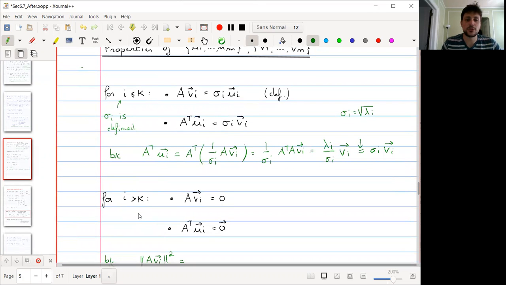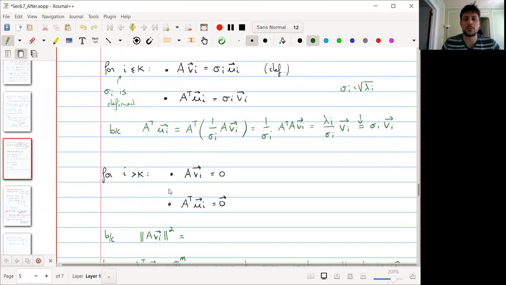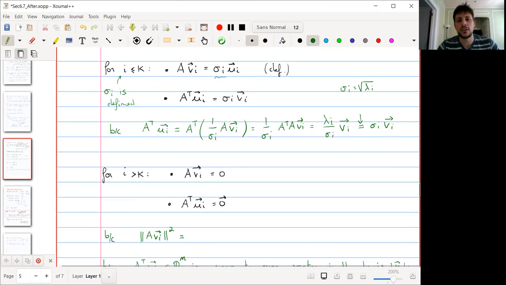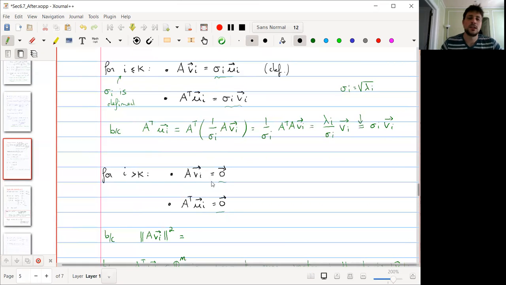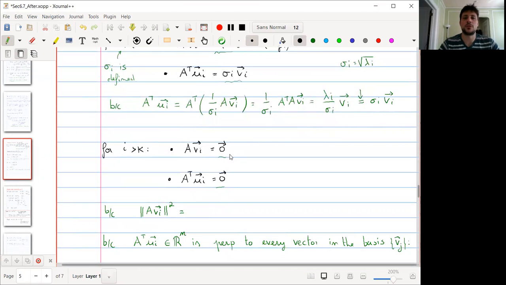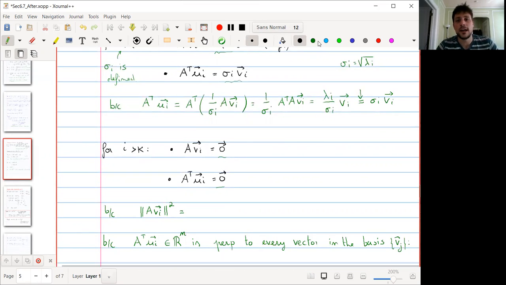When i is strictly bigger than k, we have the two following properties. We no longer have singular values, so you see that these right-hand sides are replaced with just the zero vectors. And why is that true? Well, let's see. If I want to check A Vi, I can do it as follows.